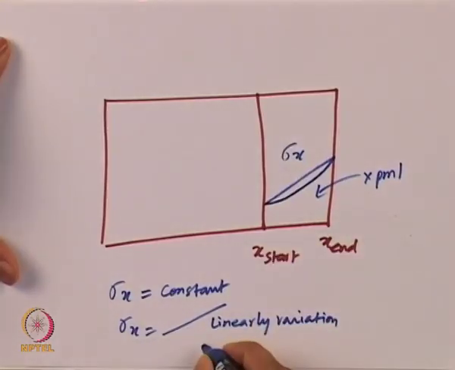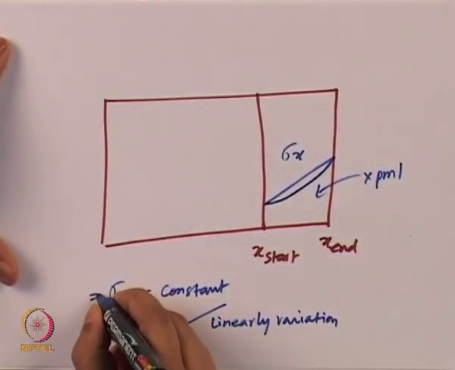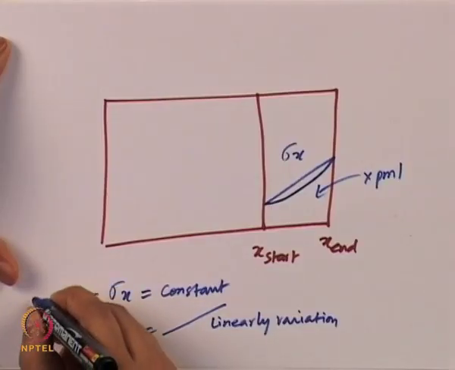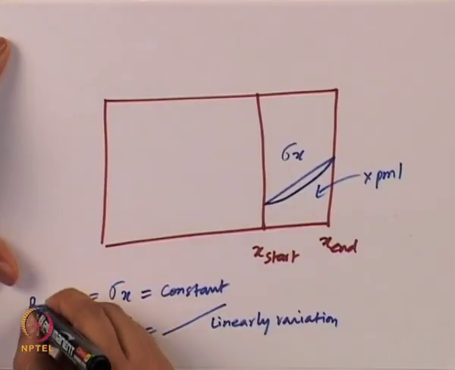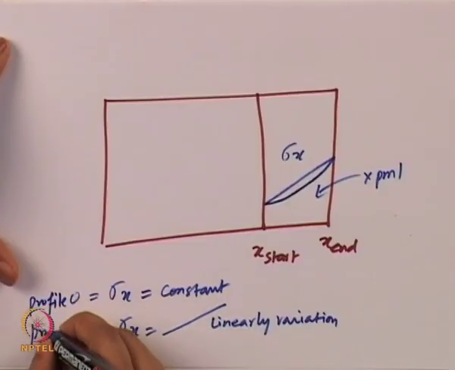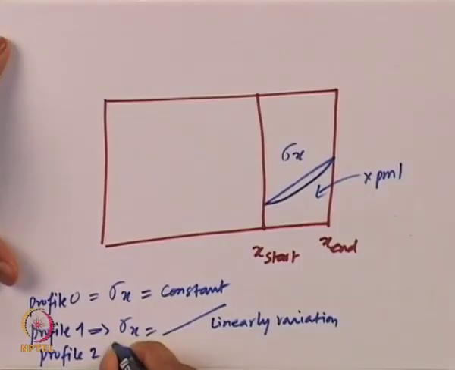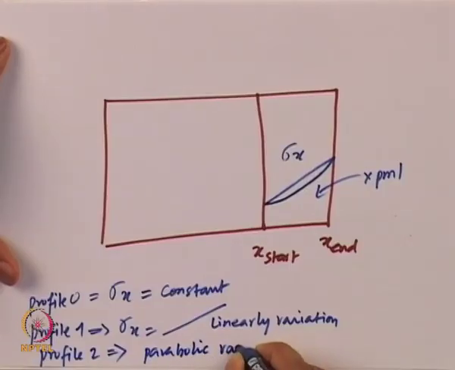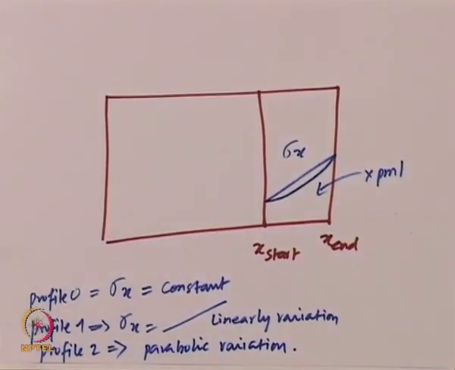The profile will be 0 for a constant, profile 1 for the linear variation, and profile 2 for the parabolic variation. Of course you can go higher order, but we have chosen a parabolic profile inside the PML.